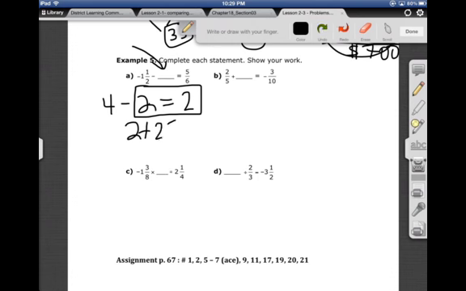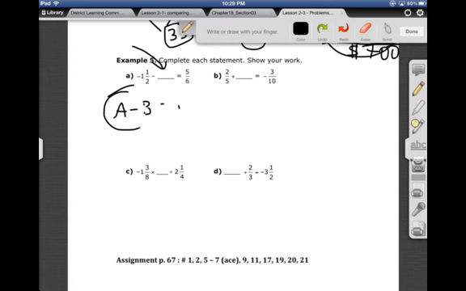So going back, there we go. Do a little erase. Some number decreased by something equals 5/6. Now if you've done a little bit of algebra, that could help.